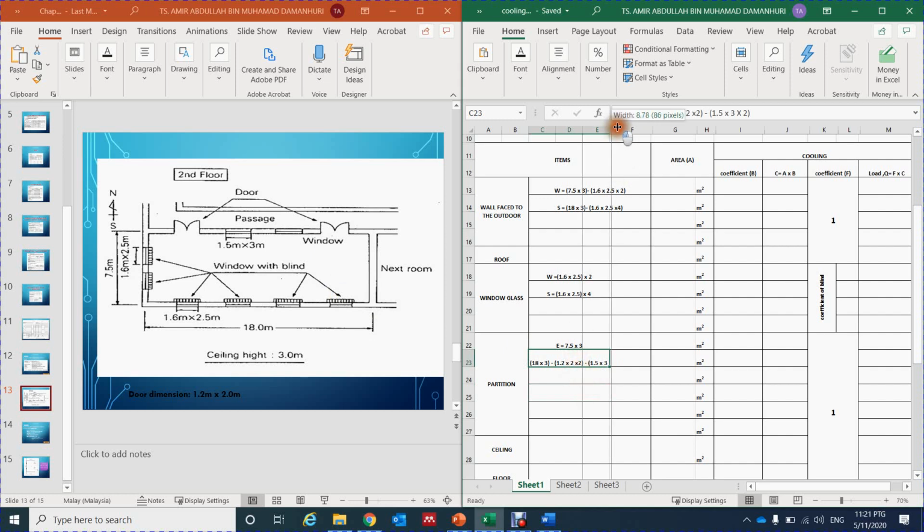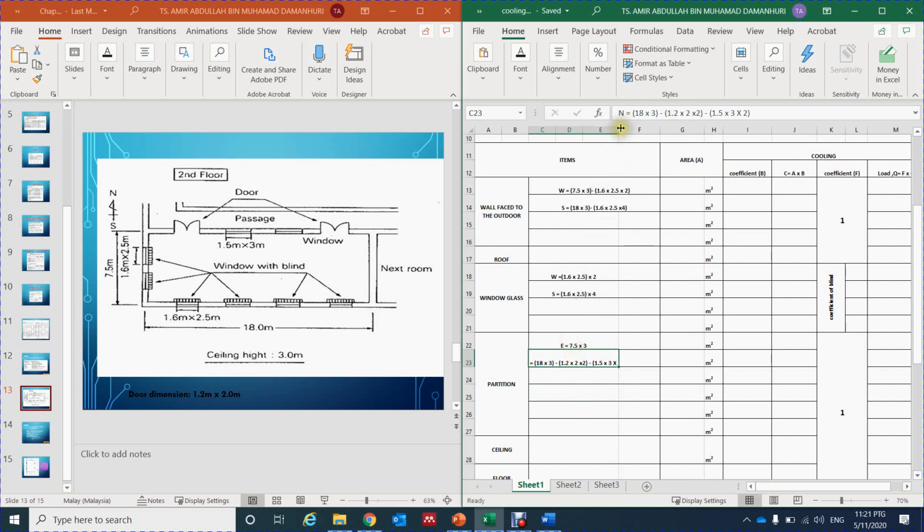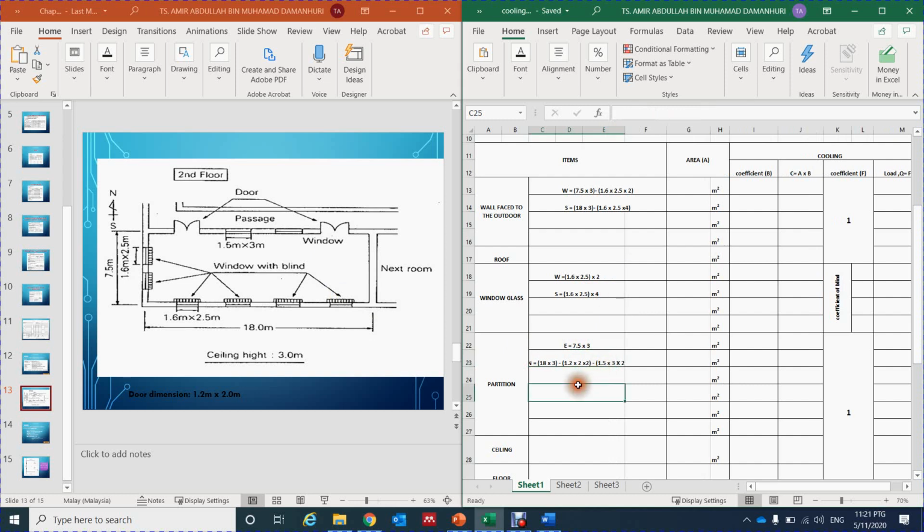So now the partition here, as you can see, we are moving to the window and door on the north area. Because we have already subtracted that in that particular partition here, so now we calculate the wall with door only. For example, 1.2 times 2 times 2, and this is for door.